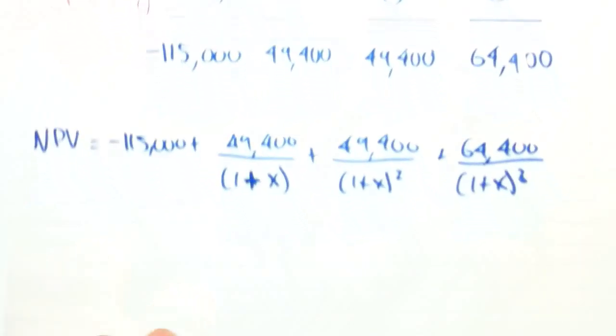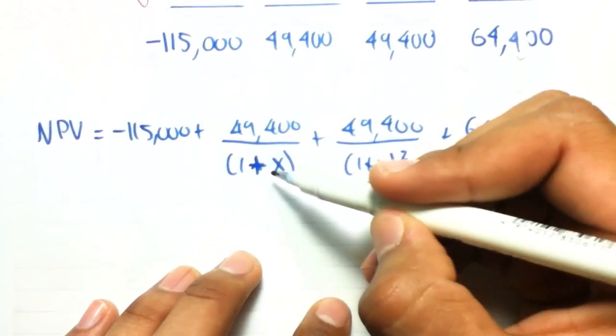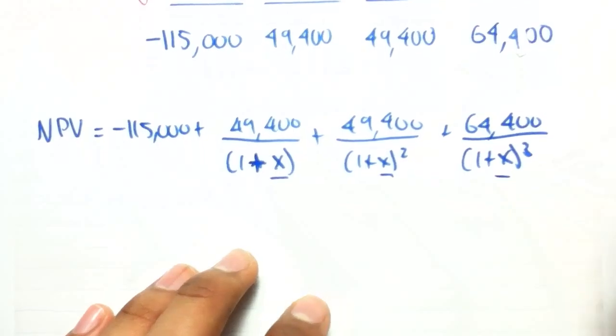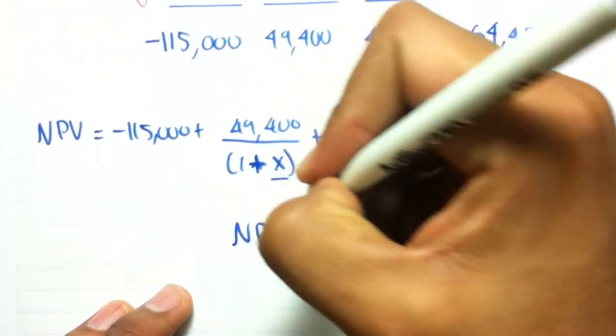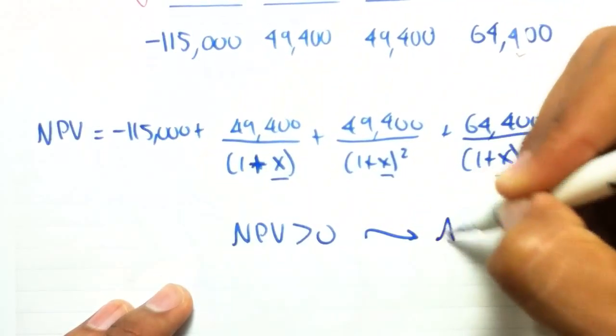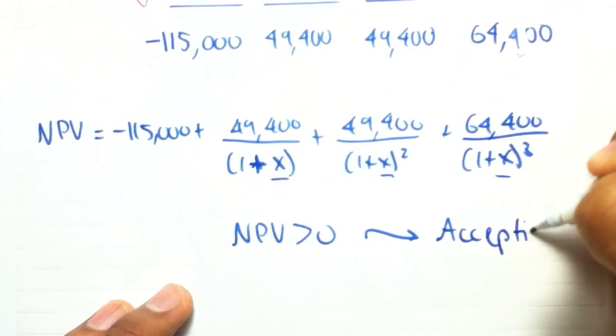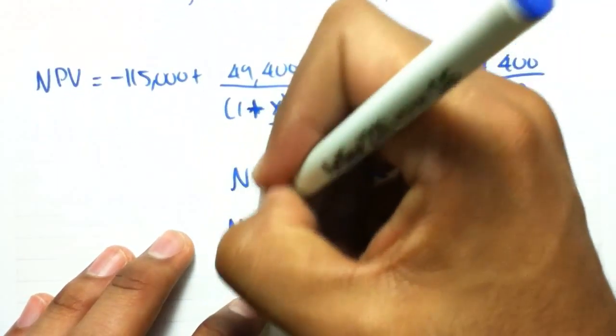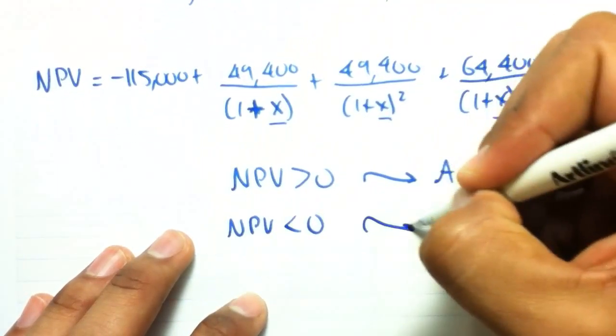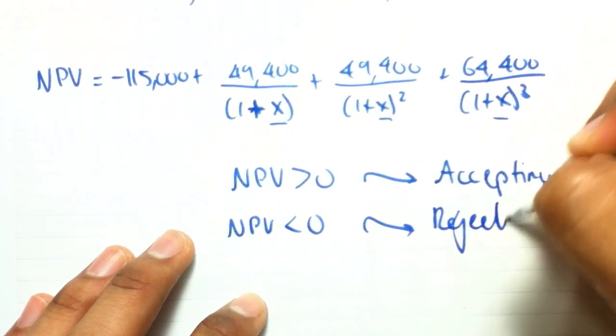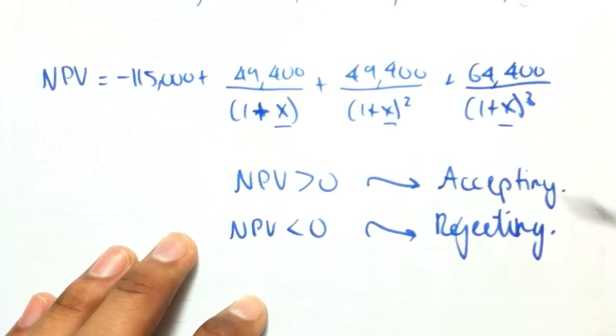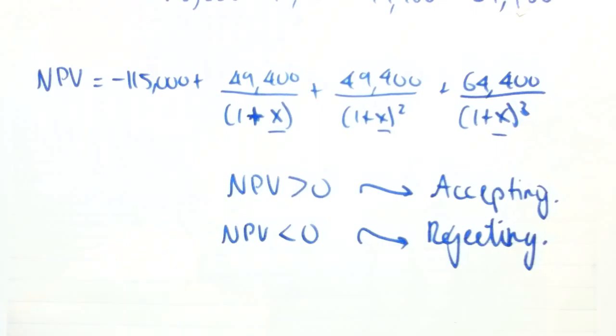Okay, and then we'd calculate our NPV. So for what the X was, we would sub it in. If NPV was greater than 0, then we know we're accepting this project. And if our NPV was less than 0, we know we'd be rejecting. And so that ends our lesson in forecasting a project's yearly cash flow.